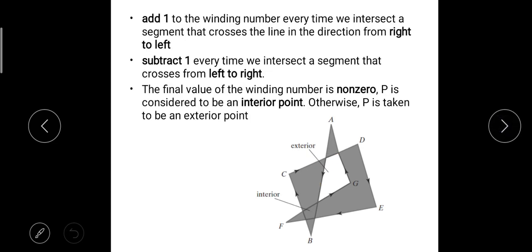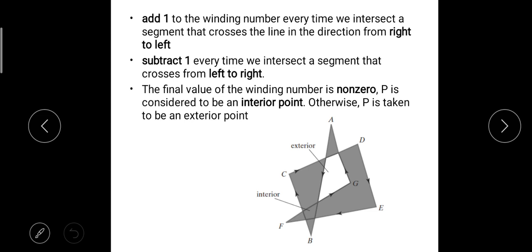Next point, add 1 to the winding number every time we intersect a segment that crosses the line in the direction from right to left. So if you have a line segment crossing our reference line from right to left, which is nothing but anti-clockwise or counterclockwise direction, we need to add 1.